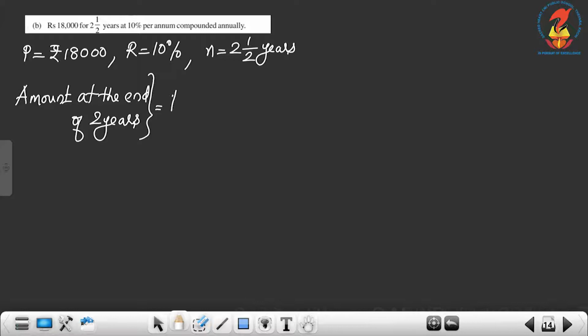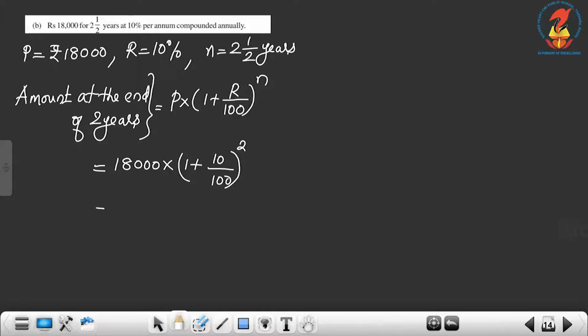The amount is equal to P into 1 plus R by 100 whole raised to N. P is given as 18,000, into 1 plus R, which is 10, by 100 whole raised to 2. Now, what is 1 plus 10 by 100?